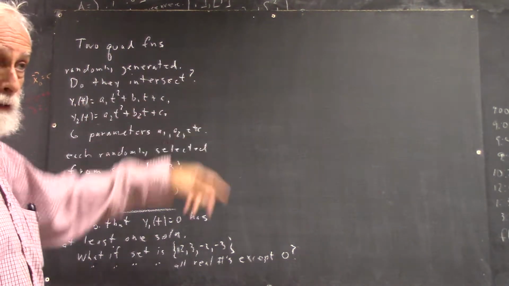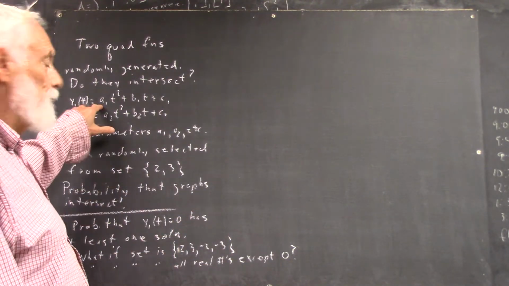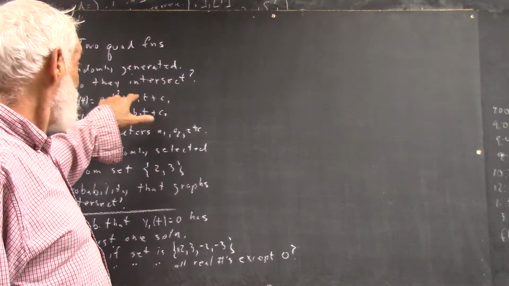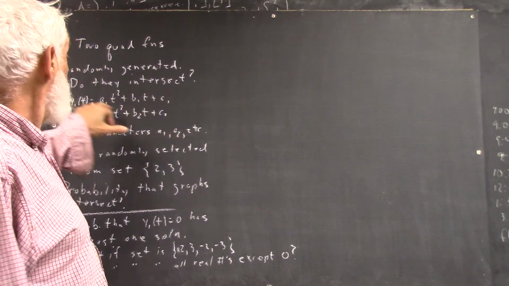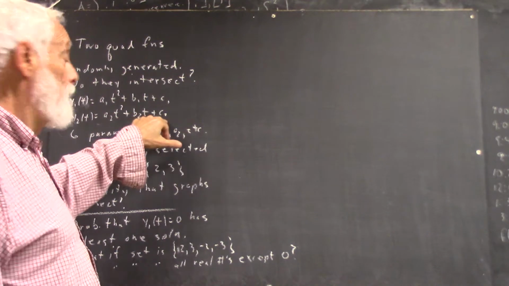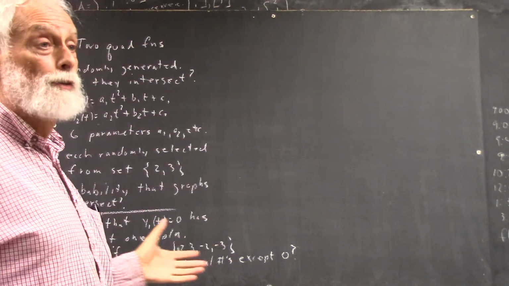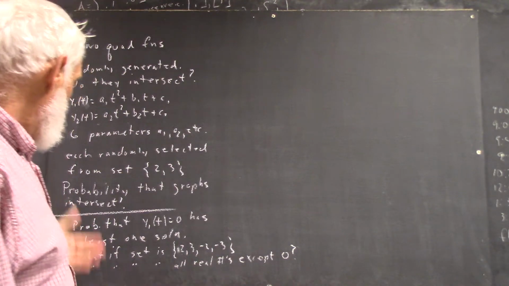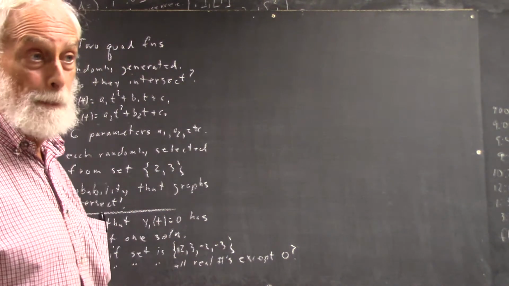We don't want to get a linear function. Now there are other things we could do. We could choose a not to be 0 and then choose b and c, right? Or we could choose a equal to 1 and then just choose the b's and c's. There are all kinds of things we can do to change the parameters of the problem, but the analysis is still going to be the same.